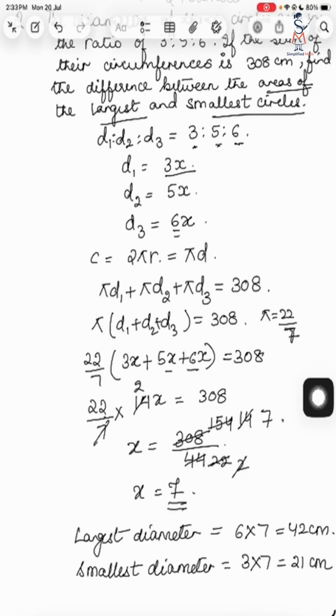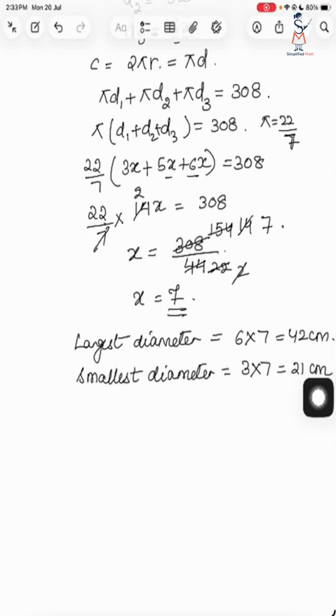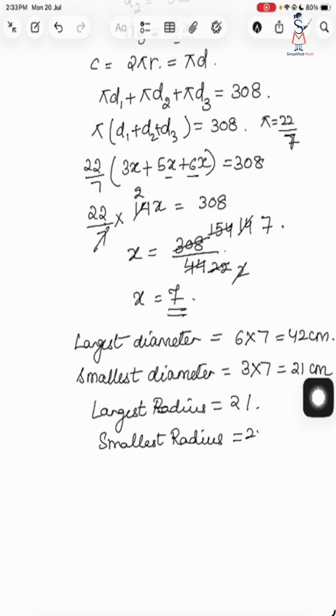Now what do we have to find? We have to find the difference between their areas. So what is the largest radius? Because for area we need the radius. So the largest radius will become 21 and the smallest radius will become half of the diameter, that is half of 21, that is 10.5.